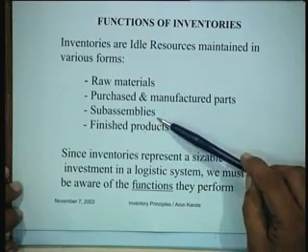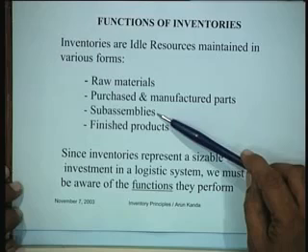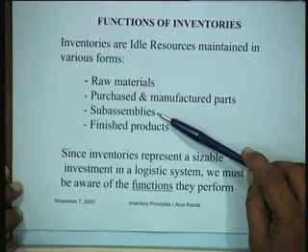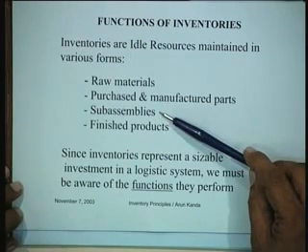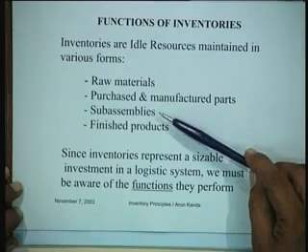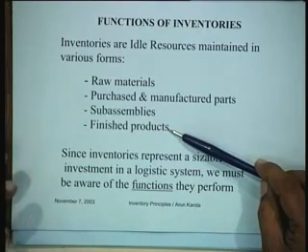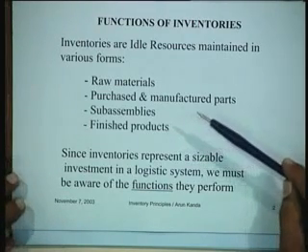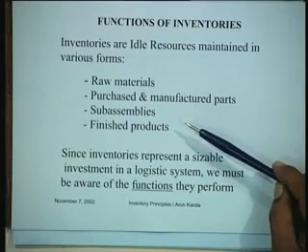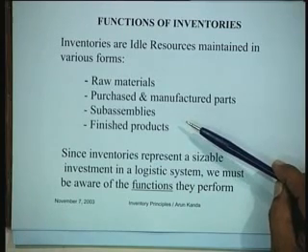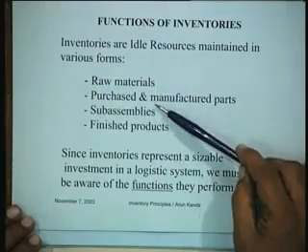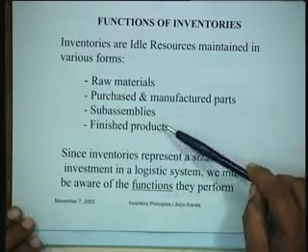Then as you proceed through the manufacturing process, you find that there are sub-assemblies, and these sub-assemblies are also nothing but work in progress inventory. And finally, when you talk about the finished products, those also are inventories. So what it really shows is that the presence of inventories is there at every stage of the manufacturing, starting from raw materials to purchased parts to sub-assemblies to finished products.